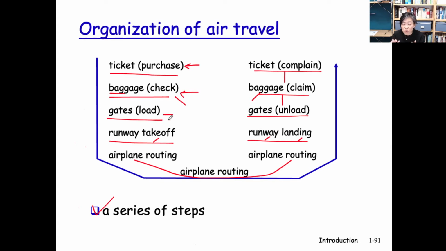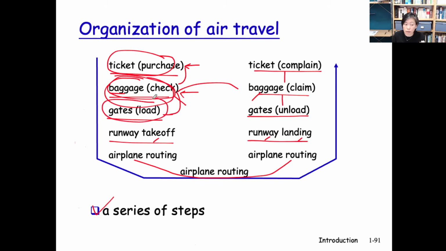So there is still some communication that needs to be done, for example, between these two steps. So this component here is more closely related to this component. This component here is also more closely related to this component.